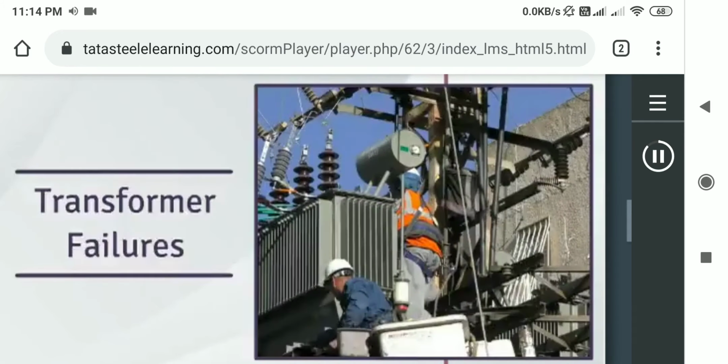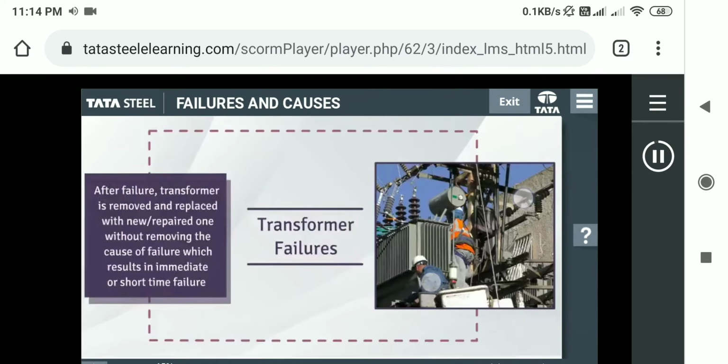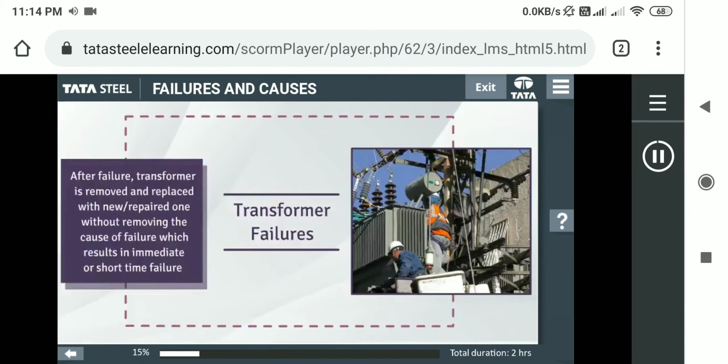After failure, transformer is removed and replaced with a new or repaired one without removing the cause of failure, which results in immediate or short time failure.